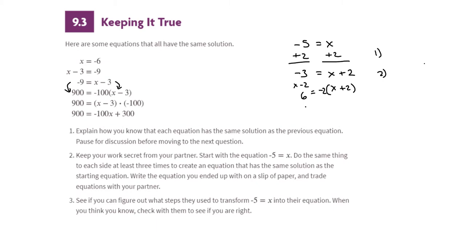So I end up with 6 is equal to -2 times x plus 2. And for the third step, I'll do that last. So now here I'm going to use the distributive property and distribute this out. So I'm going to end up with 6 is equal to -2 times x, which is -2x. And then a -2 times a +2 is a -4.